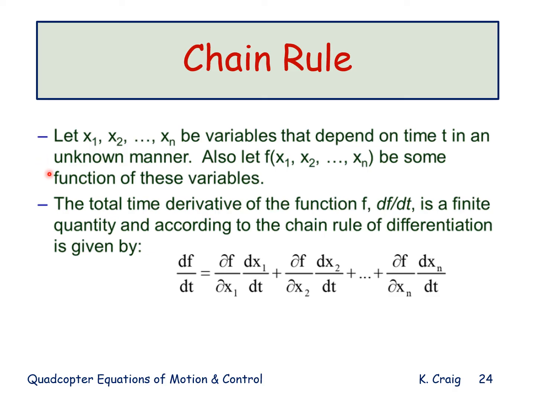The total time derivative of the function f, or df dt, is a finite quantity, and according to the chain rule of differentiation, is given by the following expression. df dt equals the partial derivative of f with respect to x1 times dx1 dt, plus, and so forth through the remaining terms, to the partial derivative of f with respect to x sub n times dx sub n dt.